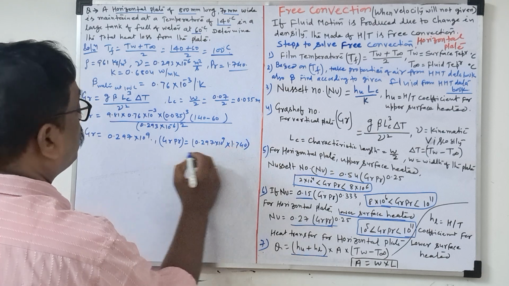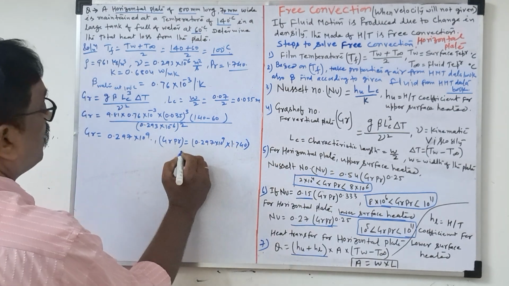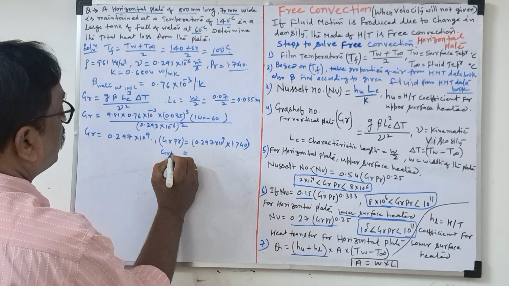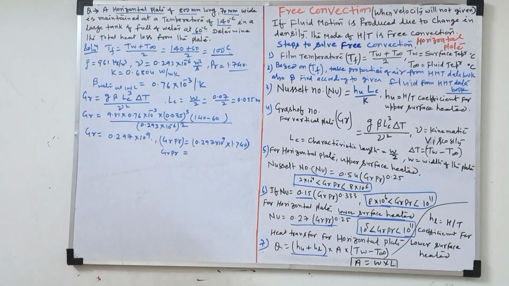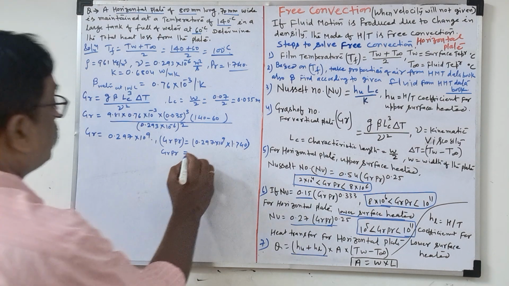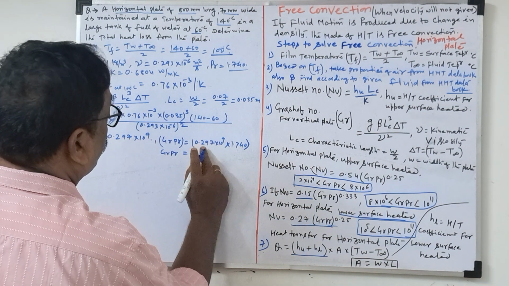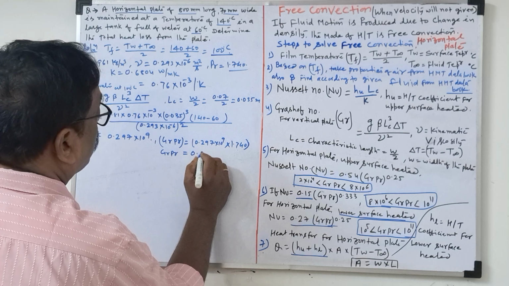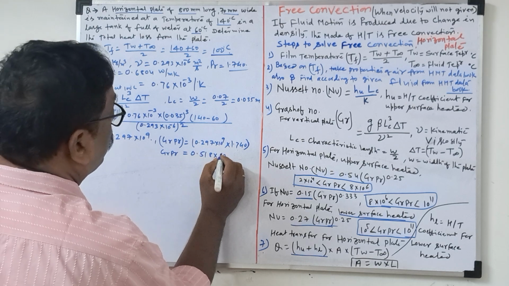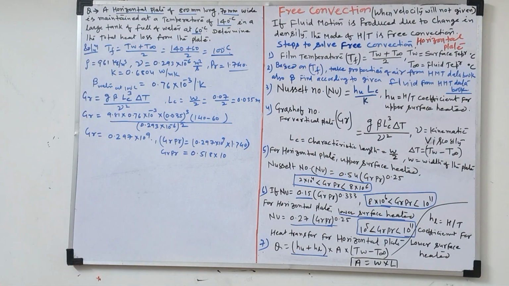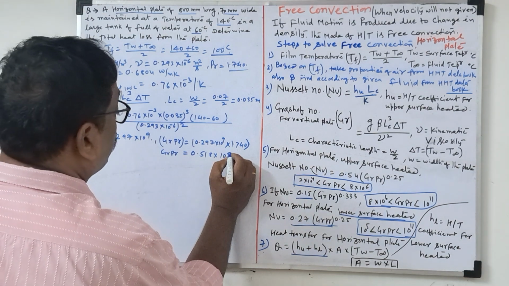So the GrPr value comes out as 0.518 into 10 power 9.